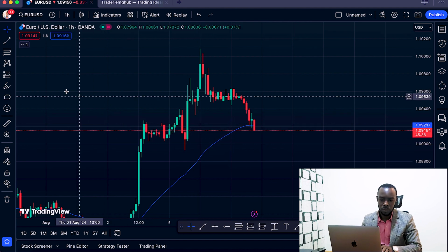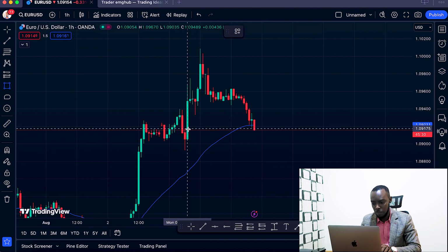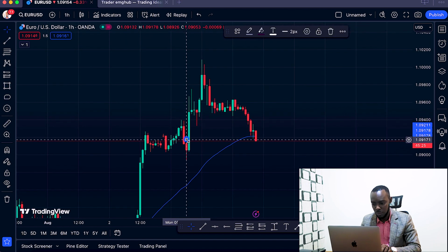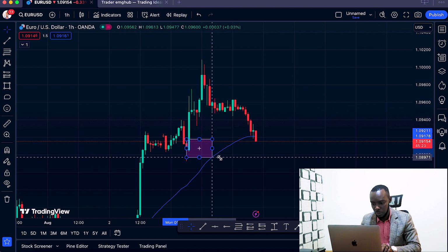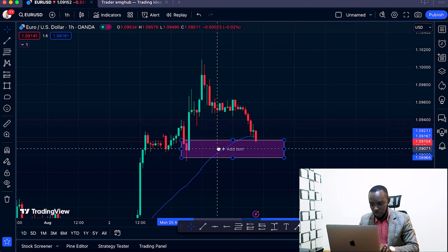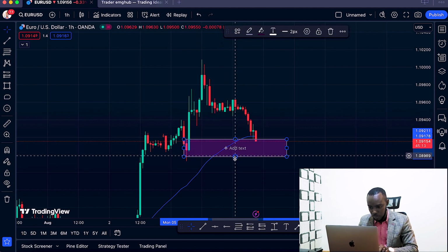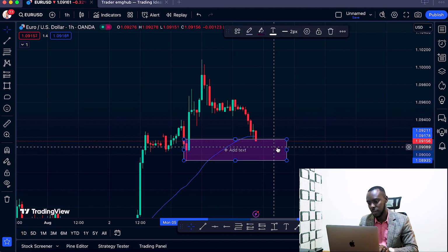Now let's pick our rectangular box. When you pick your rectangular box, you go and mark out where that order block started from. If you follow me now, you see what I will do. I'll just draw it like this. Make sure that you connect the tip of your candle or the tip of the wick, and then you draw it like this, then mark it out.